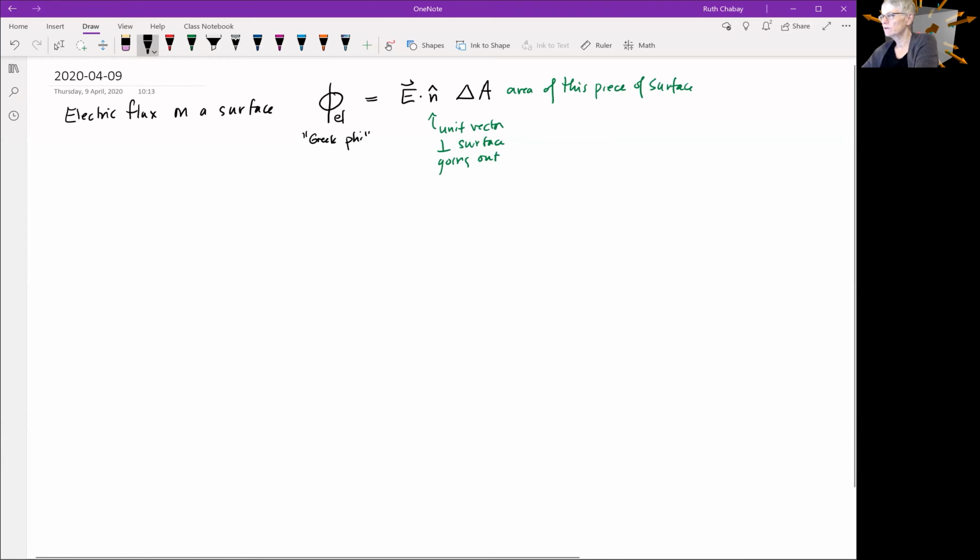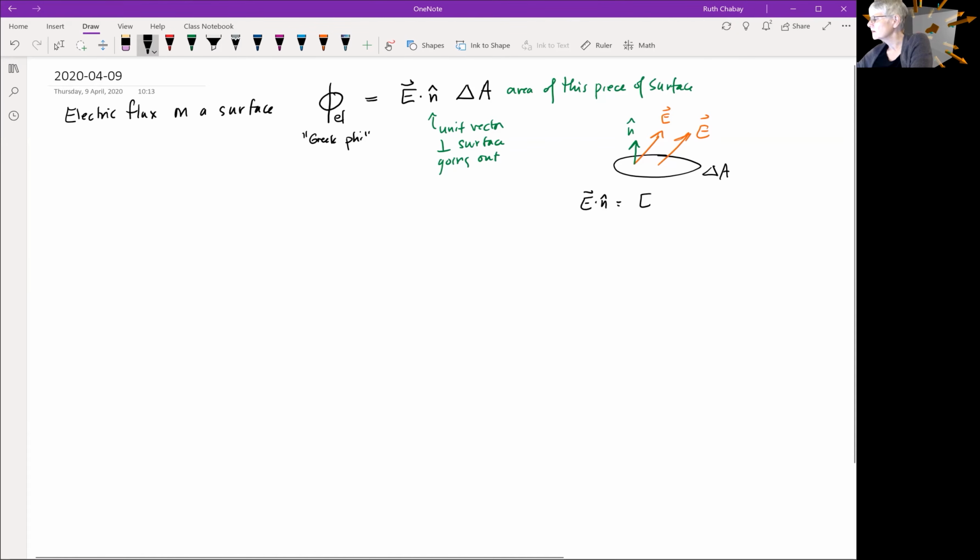We did some examples in lecture and in recitation. We saw that if we have an area element delta A and we have an electric field on this piece of the area, we can draw n hat, and then we can calculate E dot n hat in the usual way.